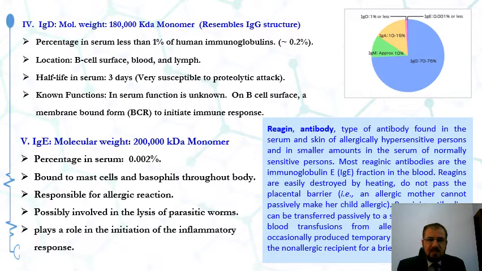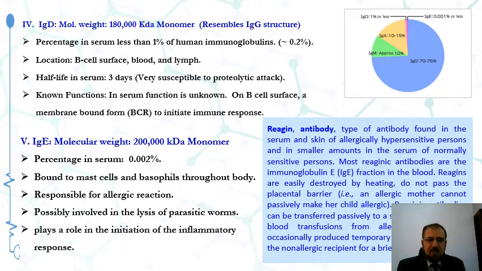It works as a receptor of mature B lymphocytes, as we said before, naive B cells, and is present in very low amounts in blood and lymph. The half-life in serum is 3 days; it is very susceptible to proteolytic attack. Its main function is to work as a B cell receptor to initiate an immune response.